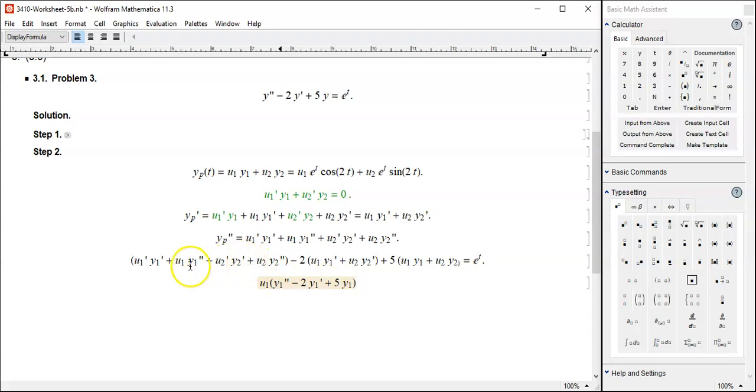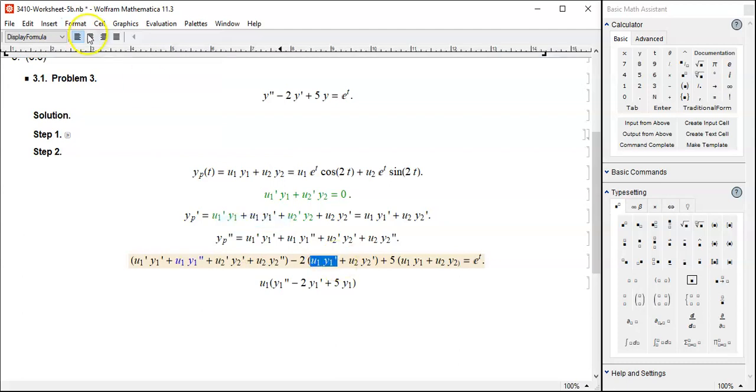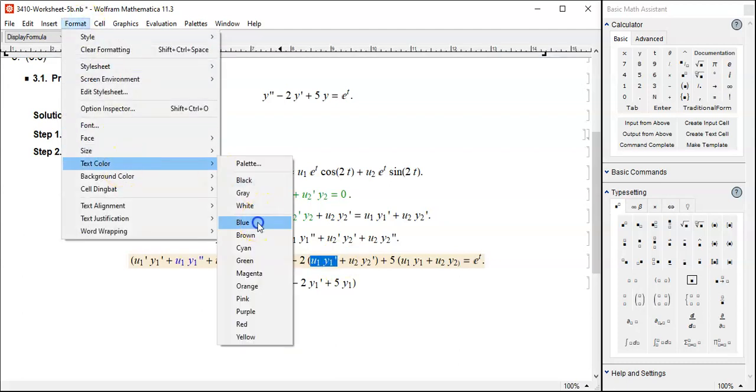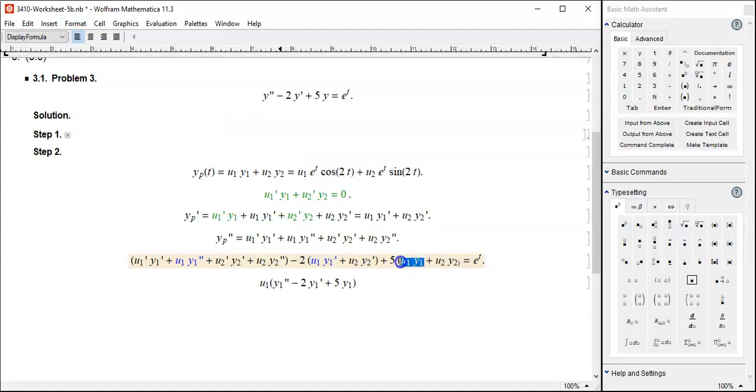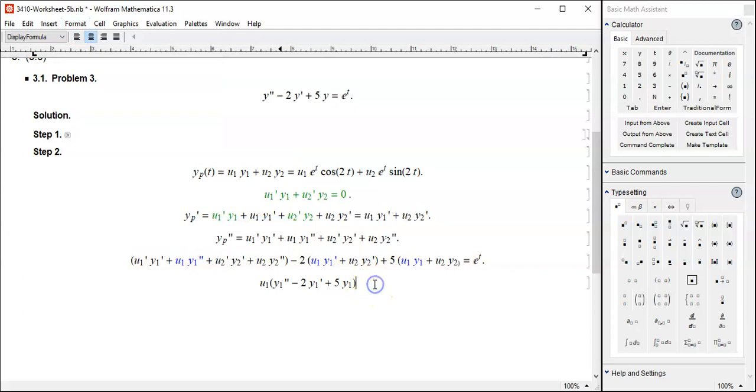What did we just do? This one we got, and this one we just got, and this one. Next, how about u2?